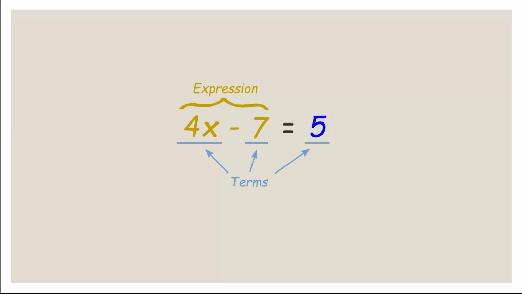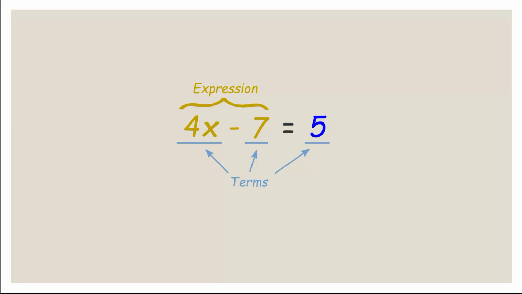And this allows us to evaluate or solve the formula or the expression. Now, when we do substitute a number into a formula, any hidden multiplication signs must be shown. So remember, what we have in front of us right now is 4 times x, but we don't show the multiplication sign. But when we substitute, we have to put those multiplication signs back in.